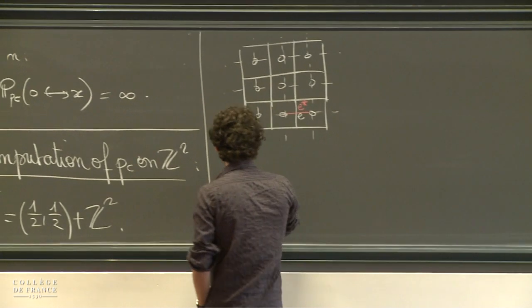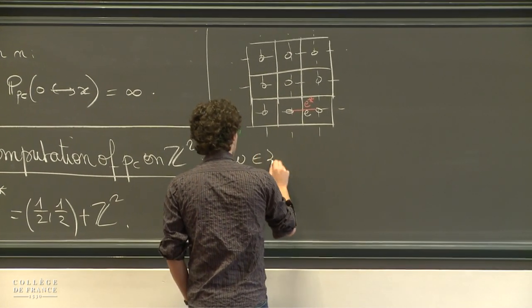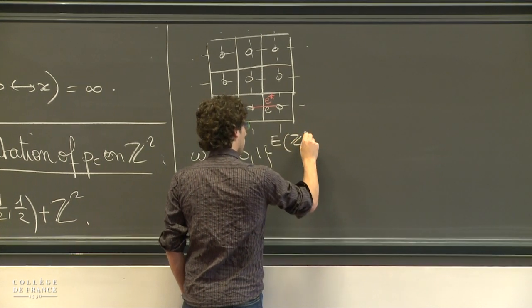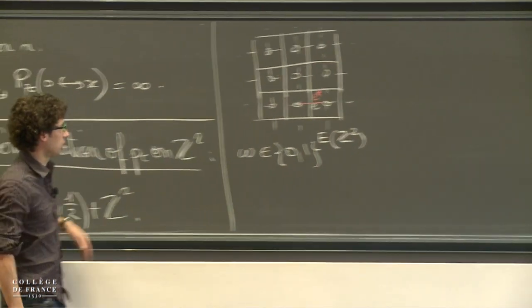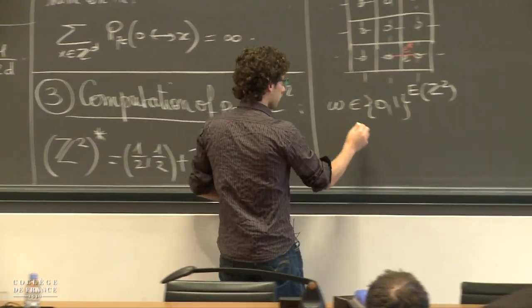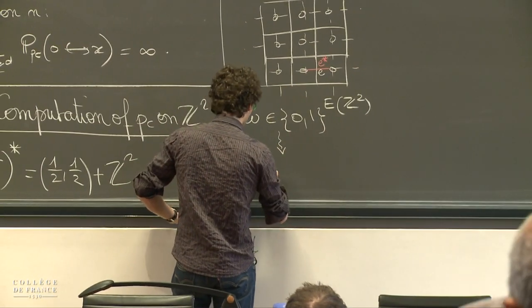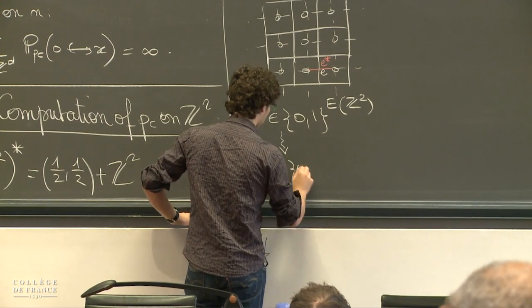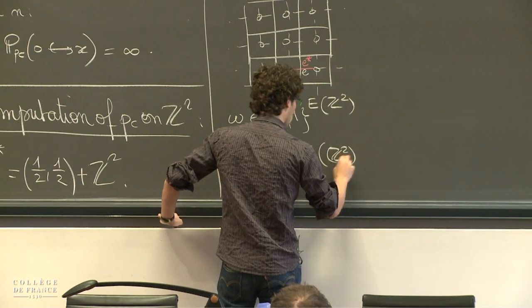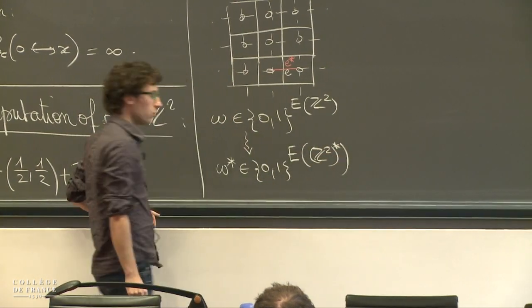Now, if I look at a configuration omega, a percolation configuration on edges, I can associate to this percolation a percolation omega star, which is going to be defined in {0,1} to the edges of the dual lattice this time. By doing what?